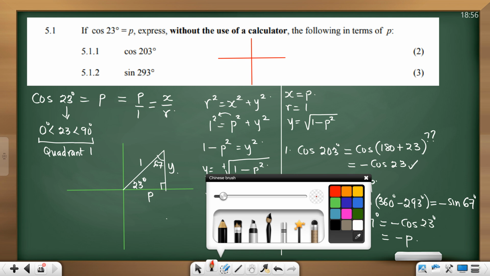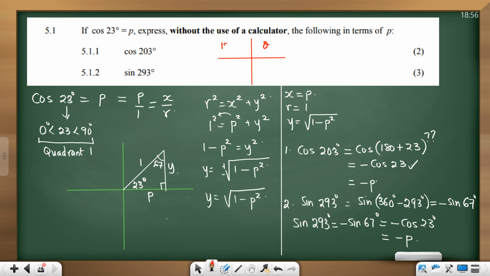Remember this one is theta, 180 minus theta, 180 plus theta, 360. And this one here is anything less than 90, anything less than 180, anything less than what? 270, and less than what? 360 here. So if you look at 203, do you notice it's now in the third quadrant, right?